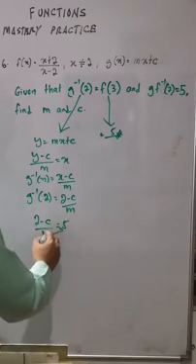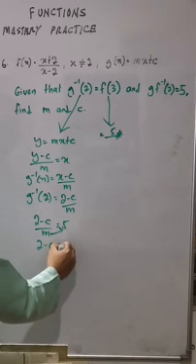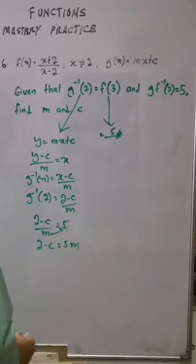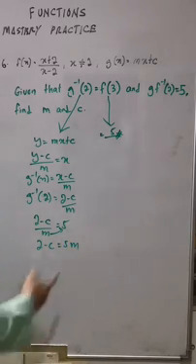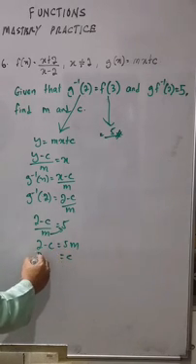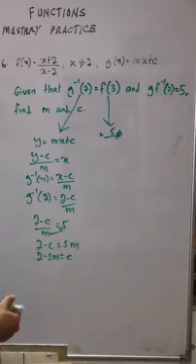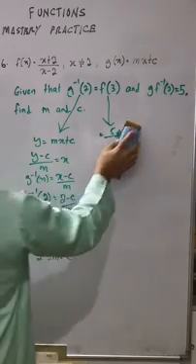Maybe we simplify: 2 minus c equals 5m. I believe we have to do a simultaneous equation. I make c the subject, so c equals 2 minus 5m. Okay, that is the first part.